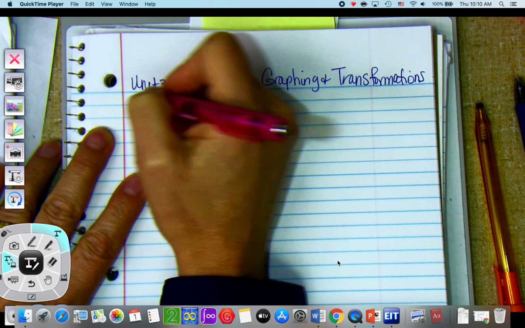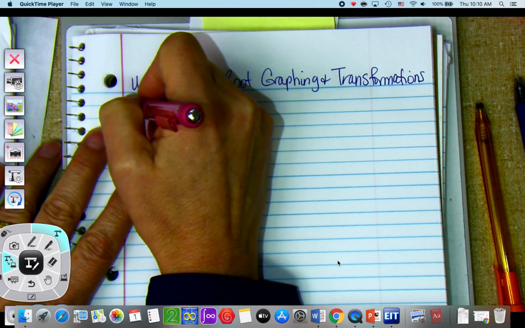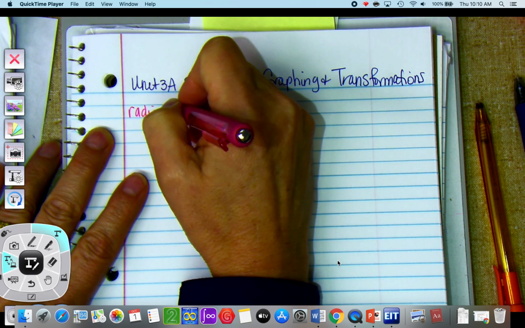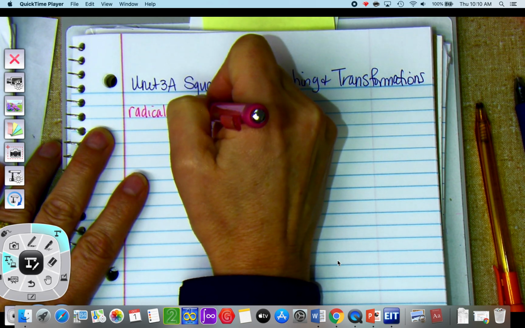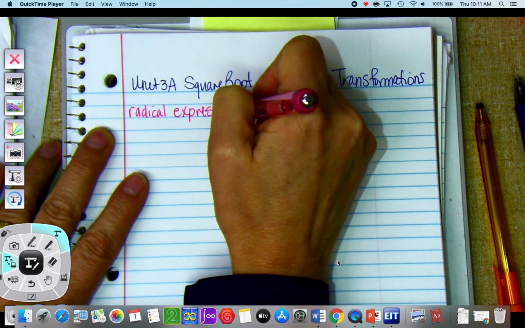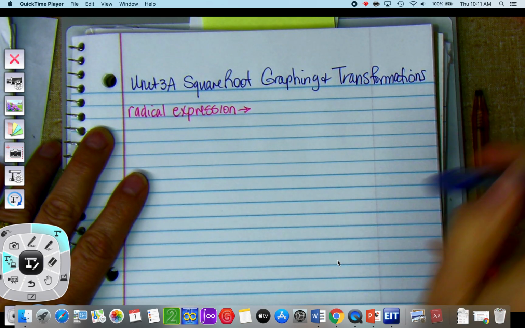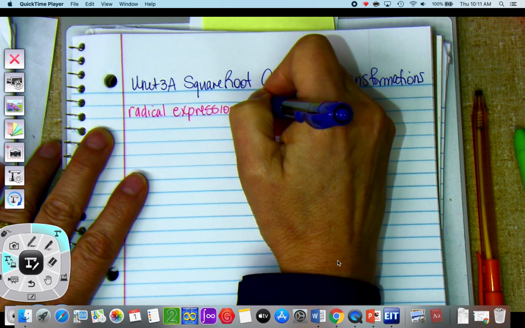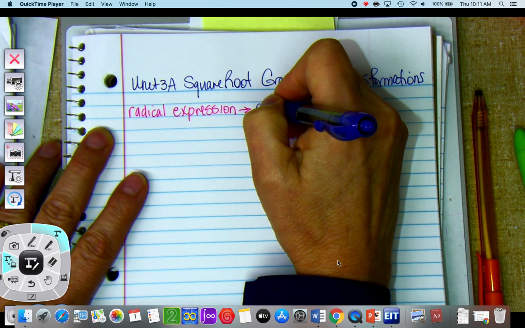Let's talk about radical. Radical function, a radical expression. What's going on there is when you have a radical symbol.